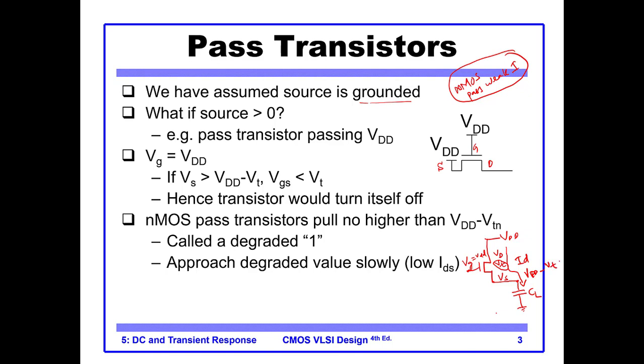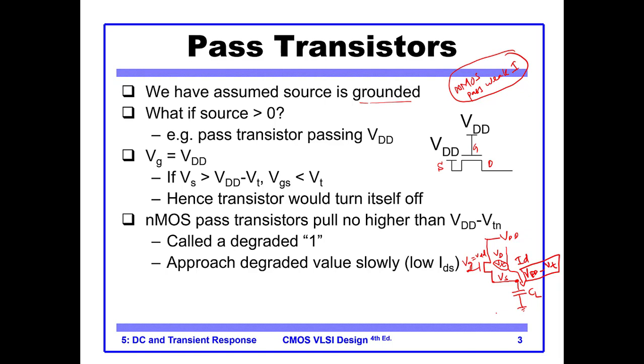So it will never be equal to VDD. This voltage will never be equal to VDD, because if it is greater than VDD minus VT, the transistor will turn off.